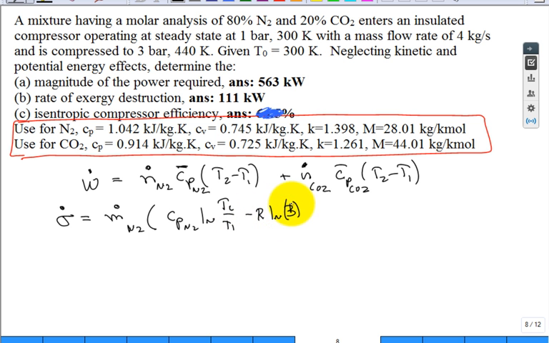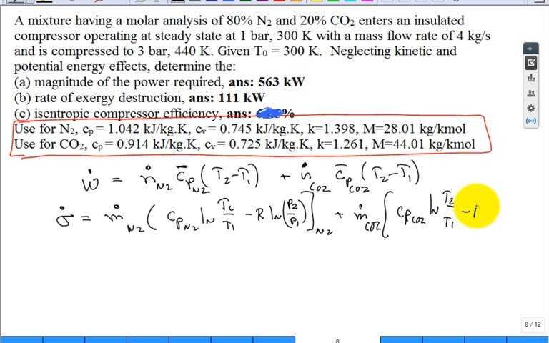I'm going to shortcut that one, P2 over P1, fine. Close bracket nitrogen, plus the mass flow rate of the carbon dioxide times the C sub P of the carbon dioxide, natural log T2 over T1 minus R natural log of P2 over P1, just close it in carbon dioxide.